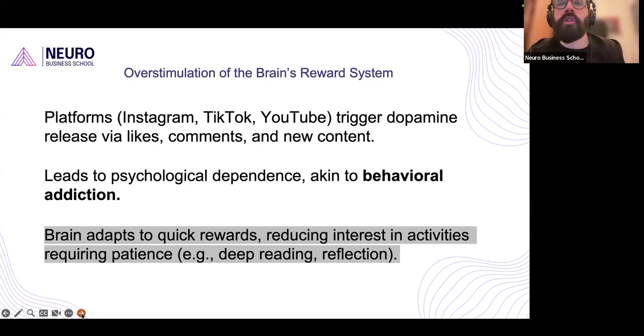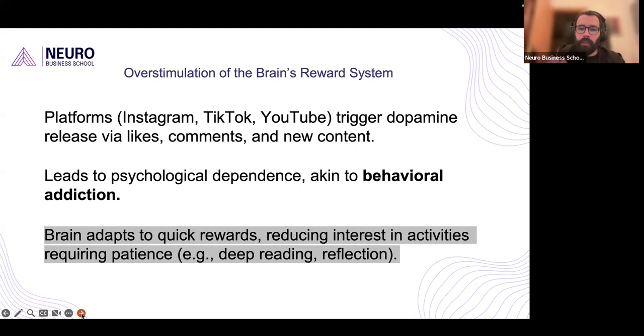We are receiving rewards at really high rates constantly, so it is easy for us to start having this addictive brain. Our brain changes morphologically, the shape of the brain changes to the point that we are constantly seeking this release of dopamine.